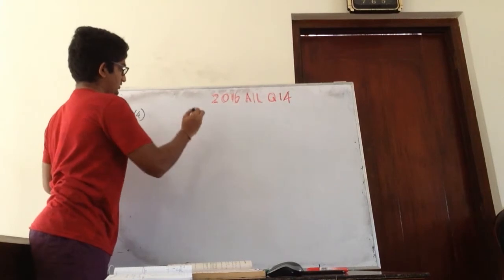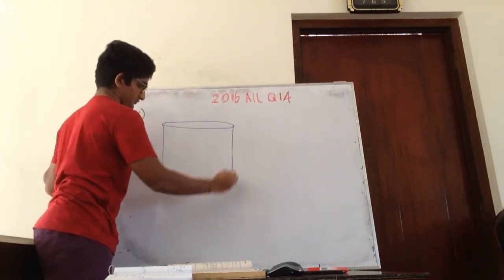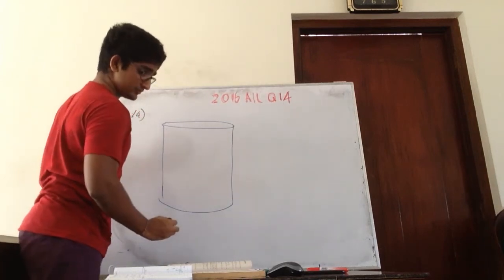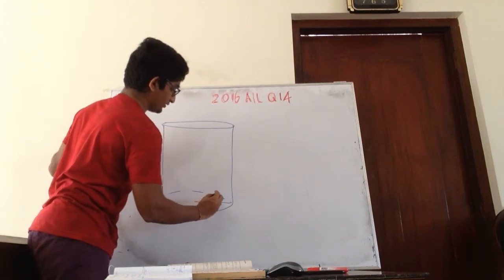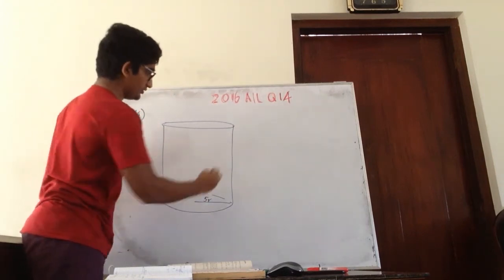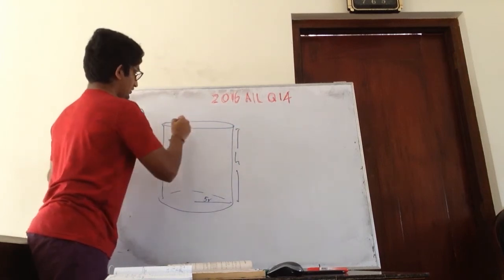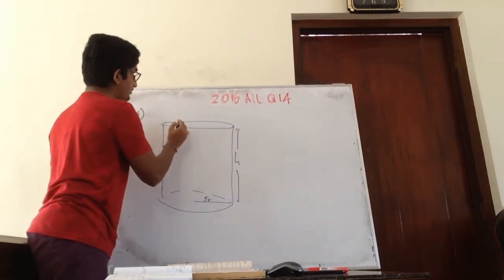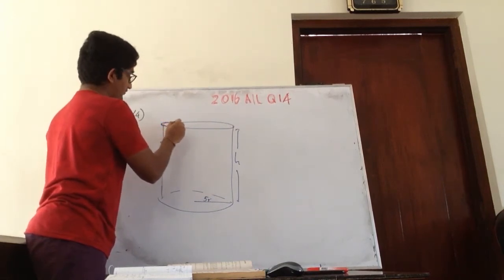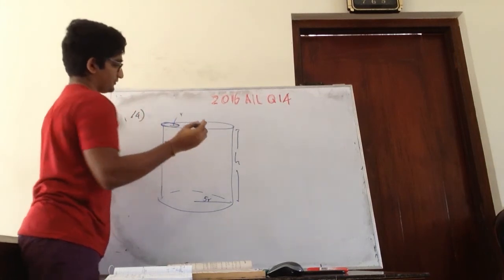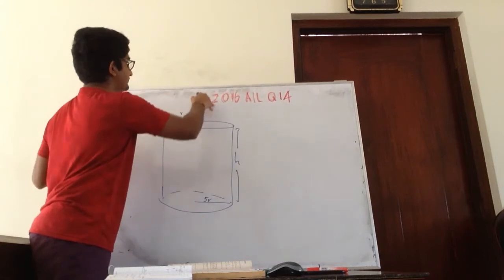So they have given this thing. This is 5r, this is h, there is a hole here which has a radius of r.